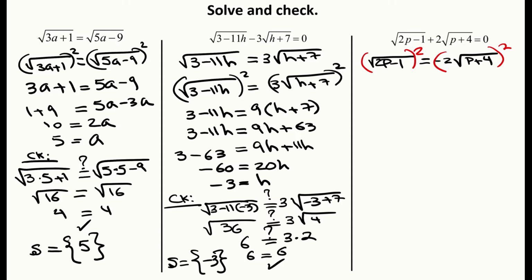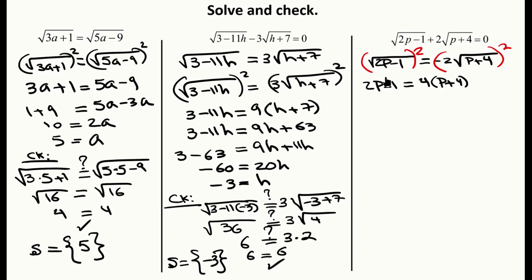Valuable commodities indeed. So we end up with 2p minus 1 is equal to, when we square negative 2, we get 4. And when we square the square root of p plus 4, we get p plus 4.